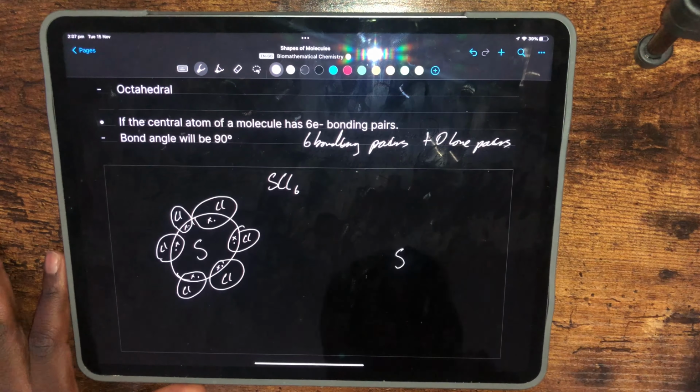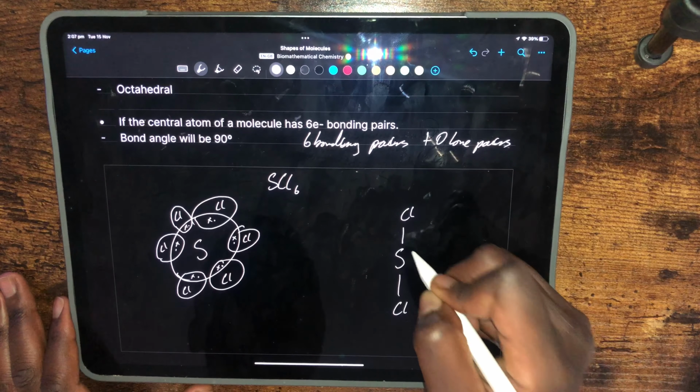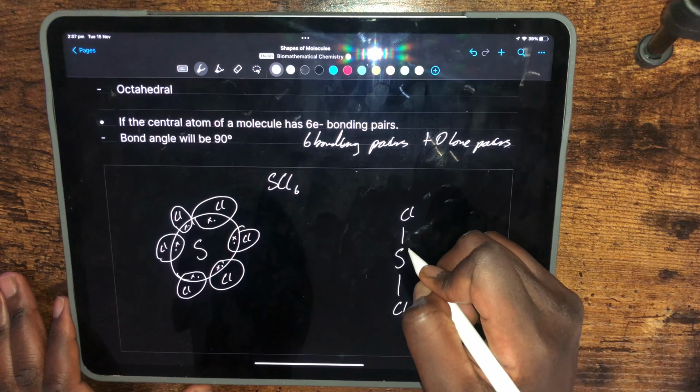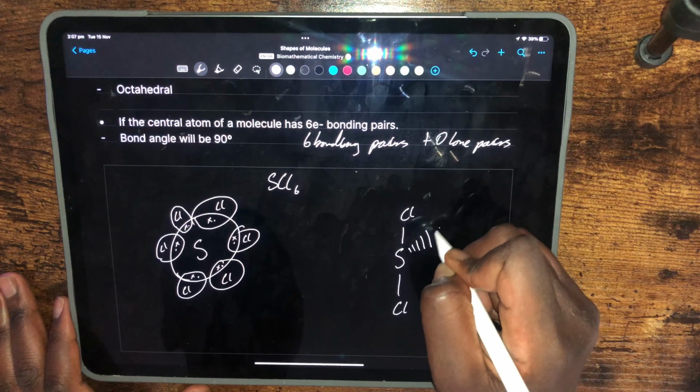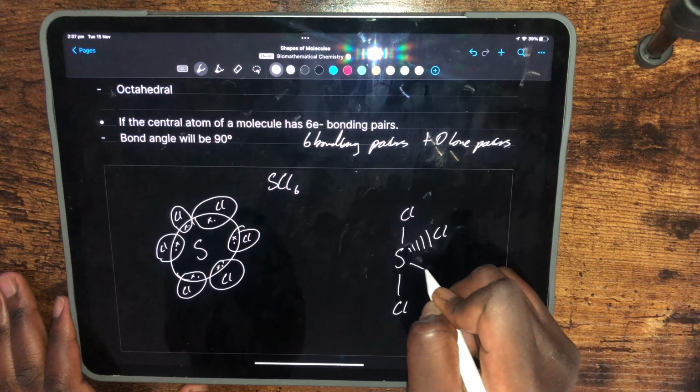Octahedral shape is, so each one has a bond angle of 90 degrees. Cl, one's going, it is symmetrical on all sides. So Cl here.